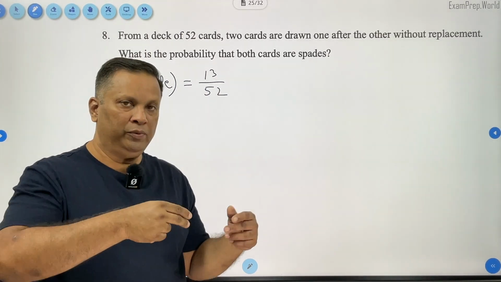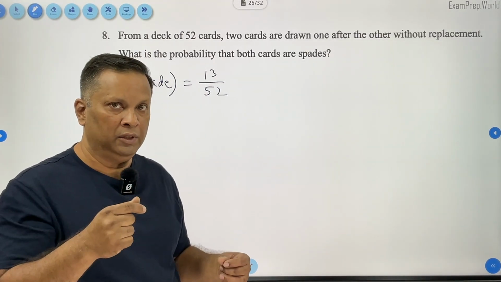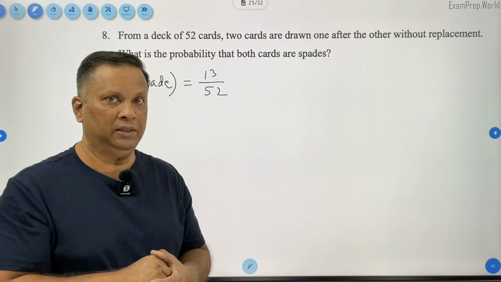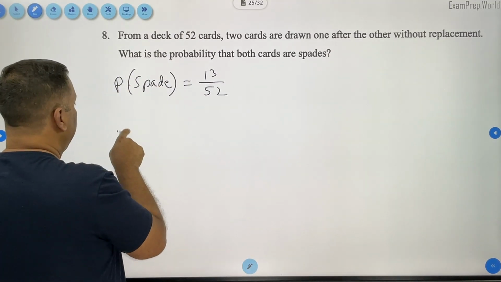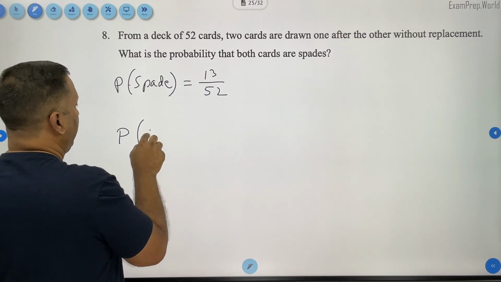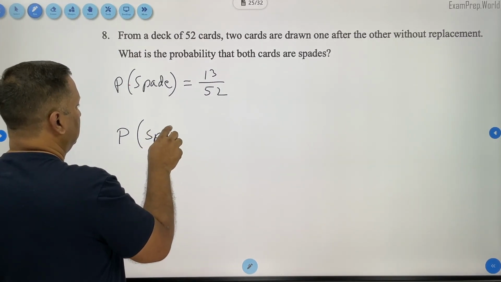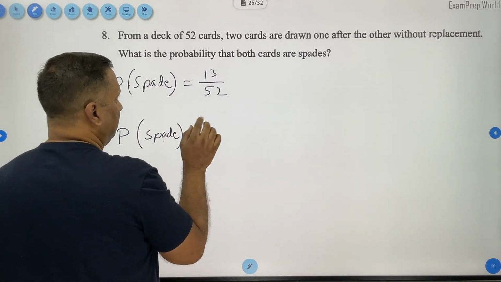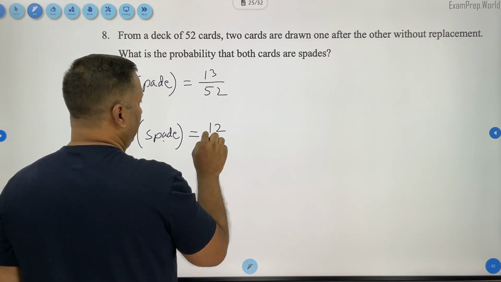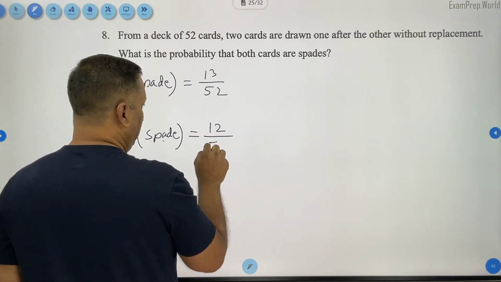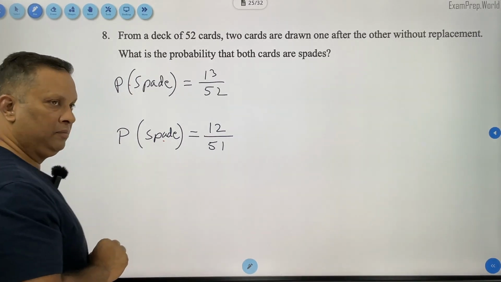Assume that the card we took out was a spade. So one spade will be less, right? So now the second time when we are drawing, spades will be 1 less than 13, only 12, and the total number of cards will be 51.